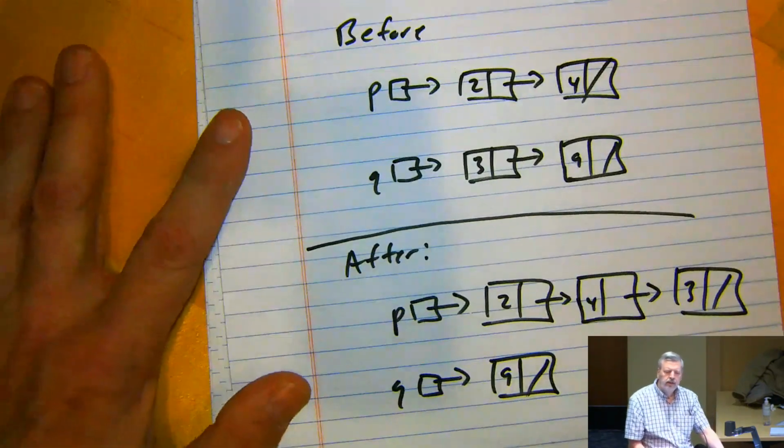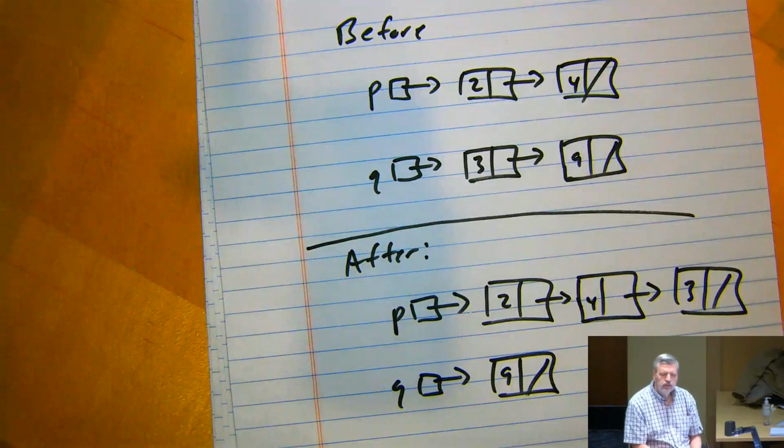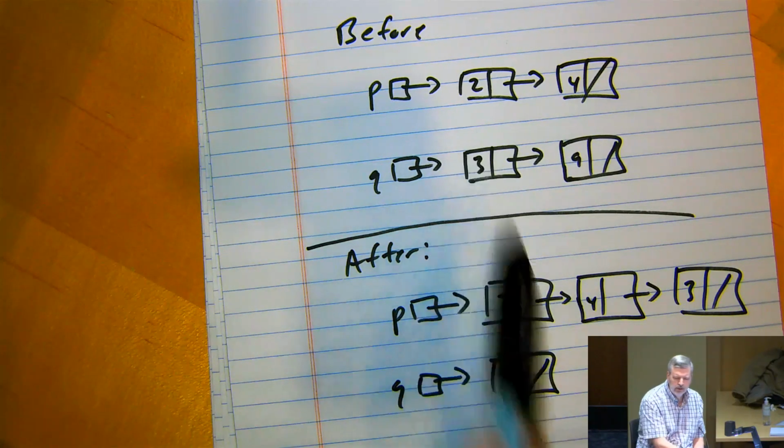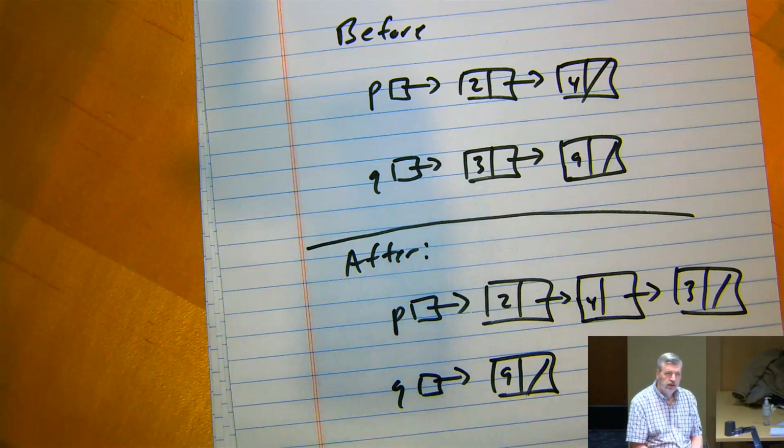So the challenge is for you to write code that turns the before picture into the after picture. This is an example of a little neighborhood problem, and I find it helpful for students to practice before we get to trying to do the full implementation of the linked lists.